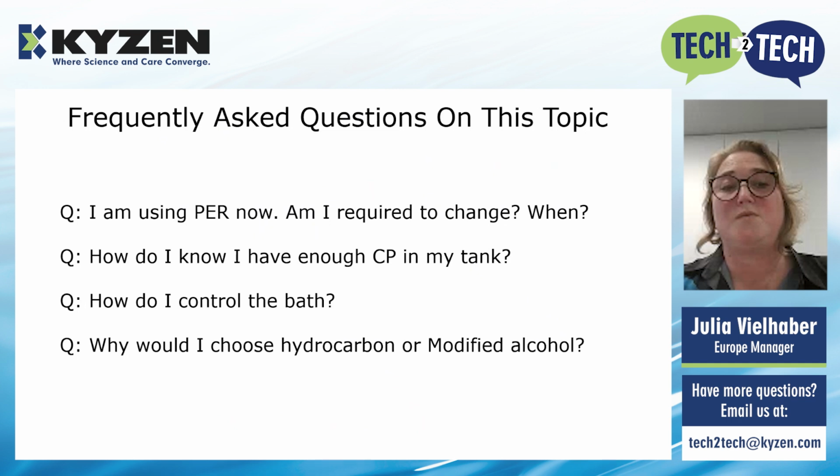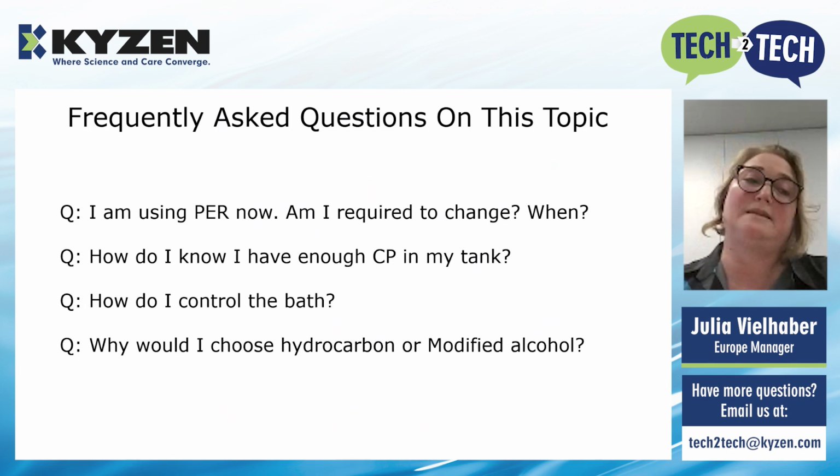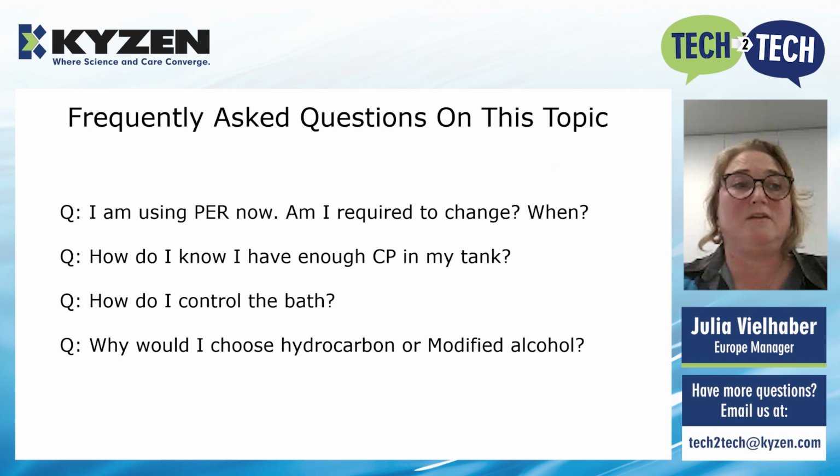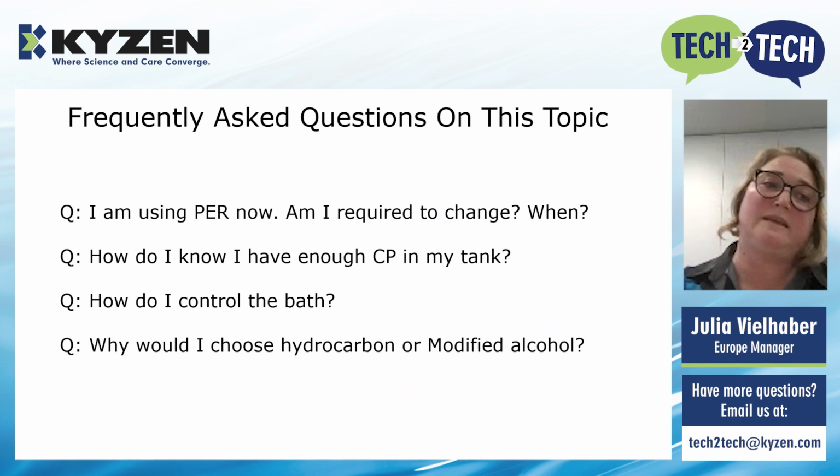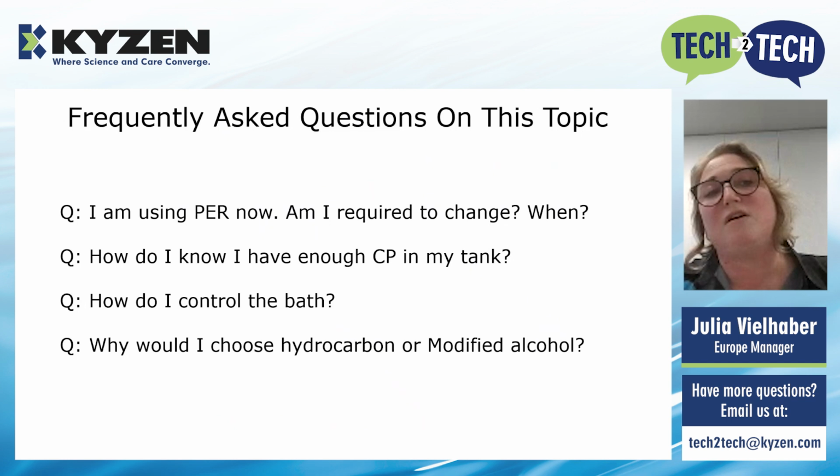How do I know that my bath is still good enough? How do I control it? Basically, it's mainly the visual inspection. The change of color or cloudy solvent usually indicates the soil load. But if the distillation capacity is calculated well, this should not actually be the case.